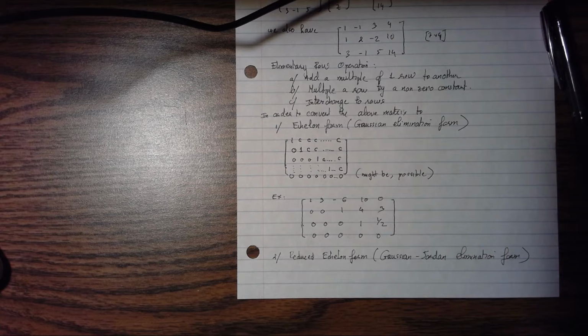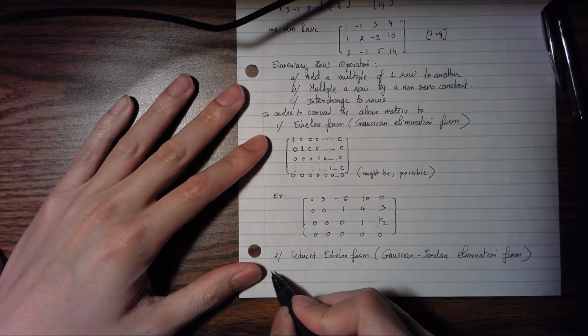Okay, so the reduced echelon form will have all the conditions of echelon form. Remember, it has all the conditions of echelon form, plus one more rule.